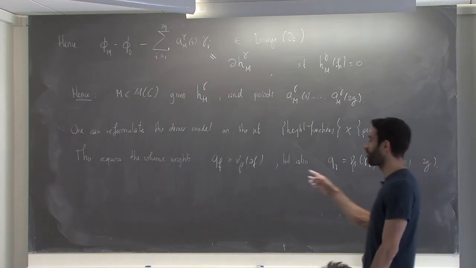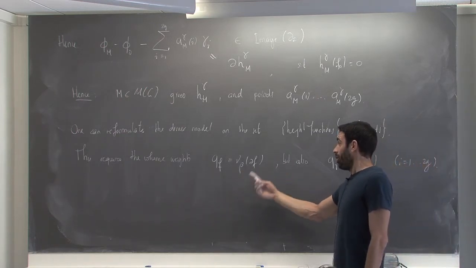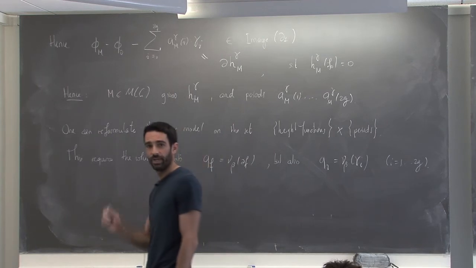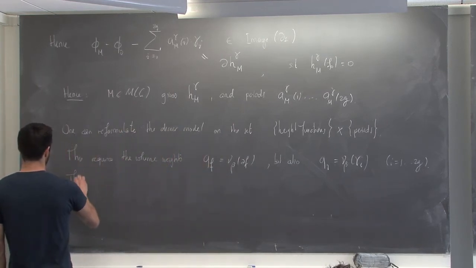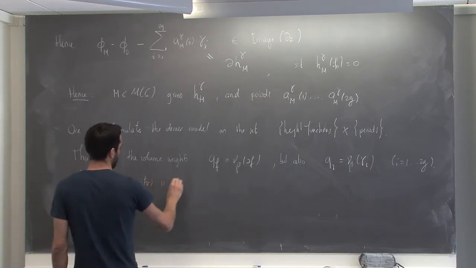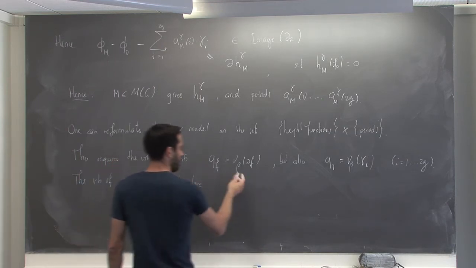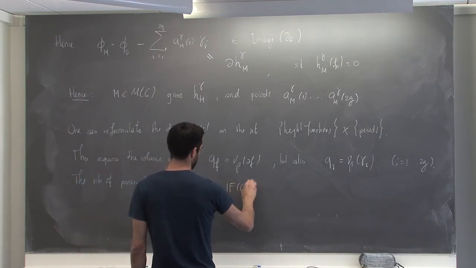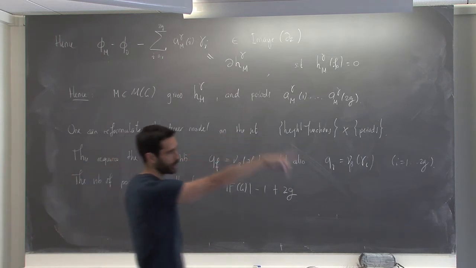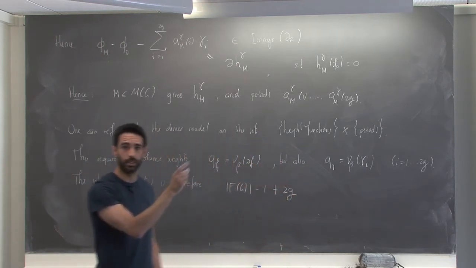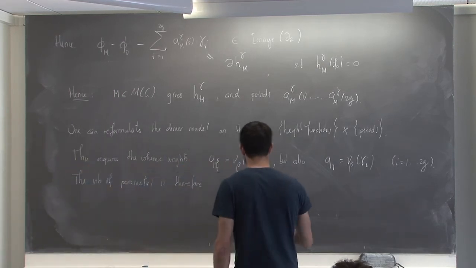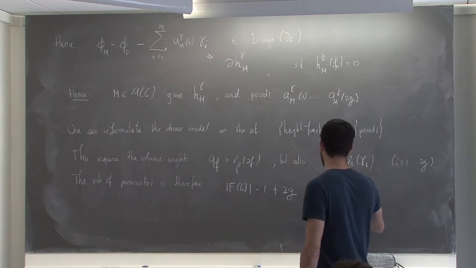So it means that now if I count the number of parameters, I will get number of faces minus 1 plus 2g parameters, and you can check that that's still the perfect number of parameters. You can make the same computation as I did here. You just have to change the Euler characteristic, it's not going to be 2, but 2 minus 2g, which is the right number of parameters.